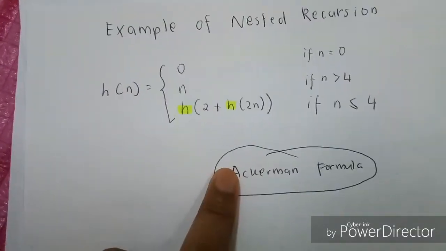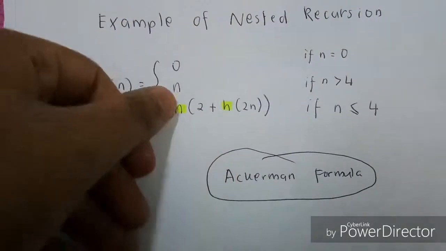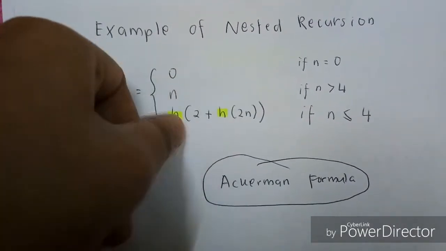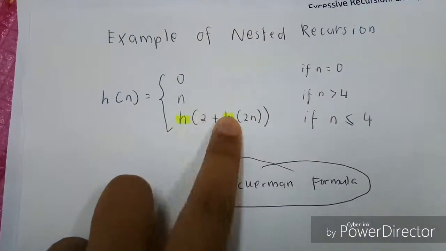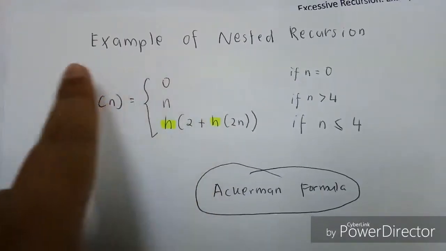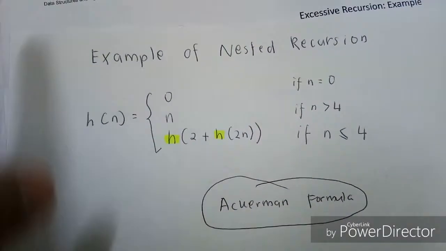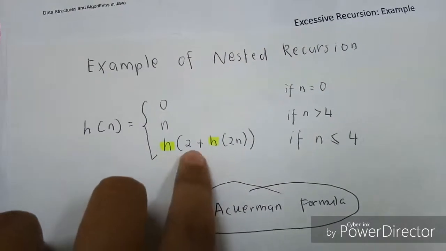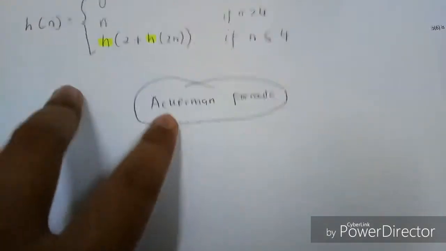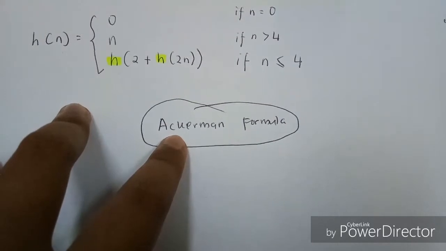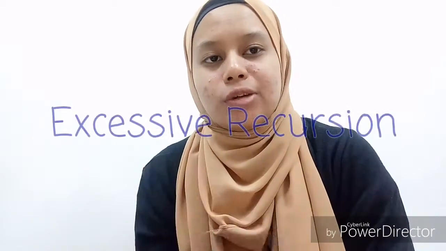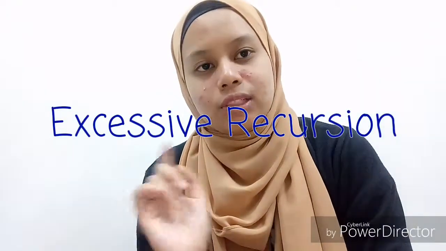From this example we can see that the term H is repeated, or you have the same parameter. So we can define that the parameter is defined in terms of itself. Another example we can look at is the Ackermann formula.